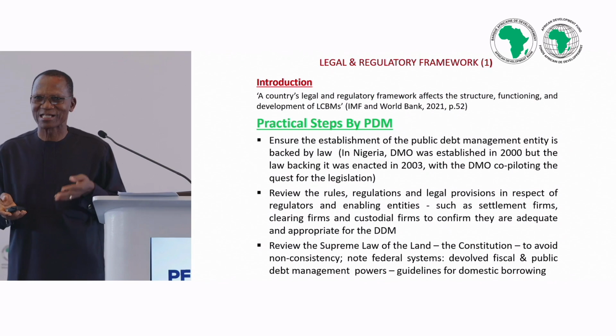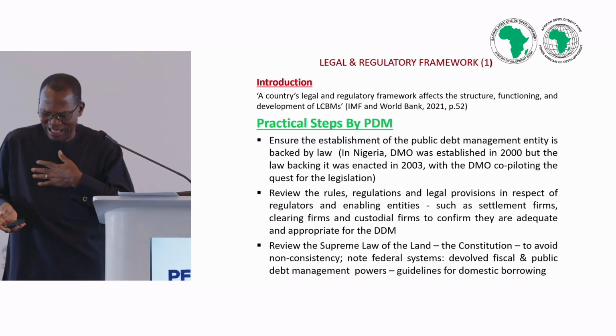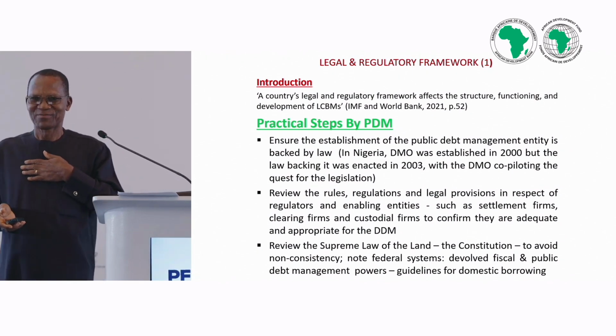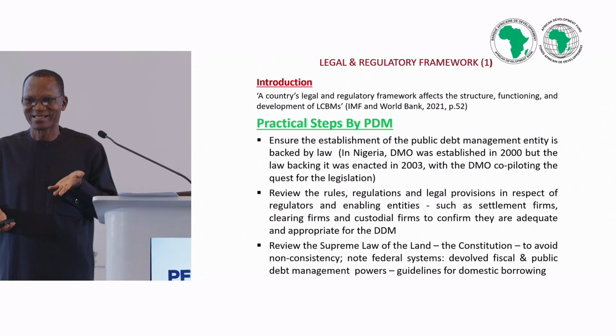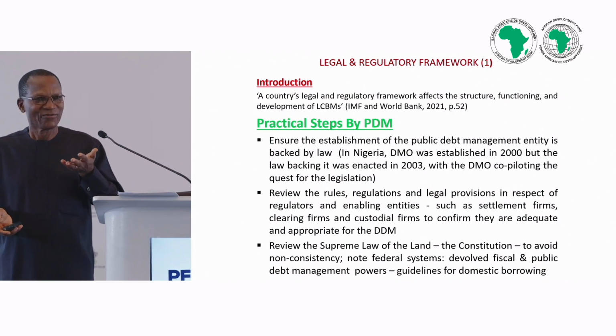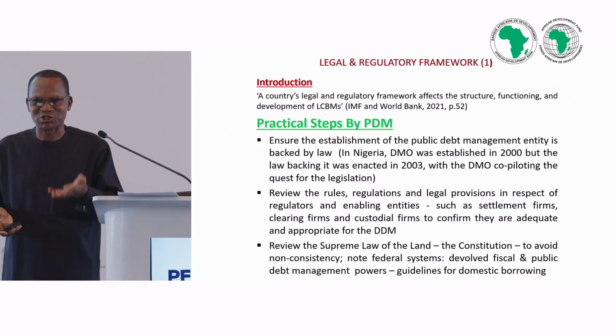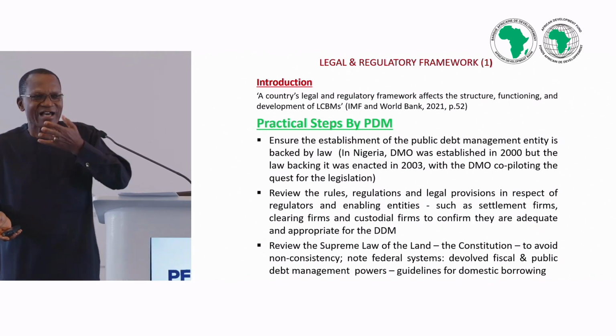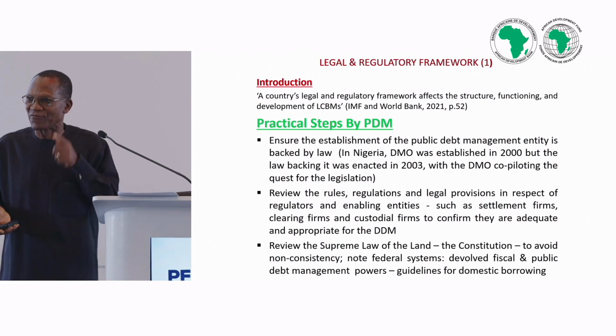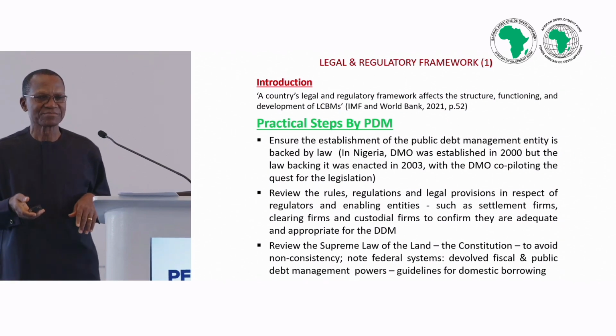It has to ask itself, I am a debt manager, I'm a debt management office. Do I have a legal backing? So, one of the first things the DMO must do is to ensure that the law establishing it is in place, if it's not already in place.